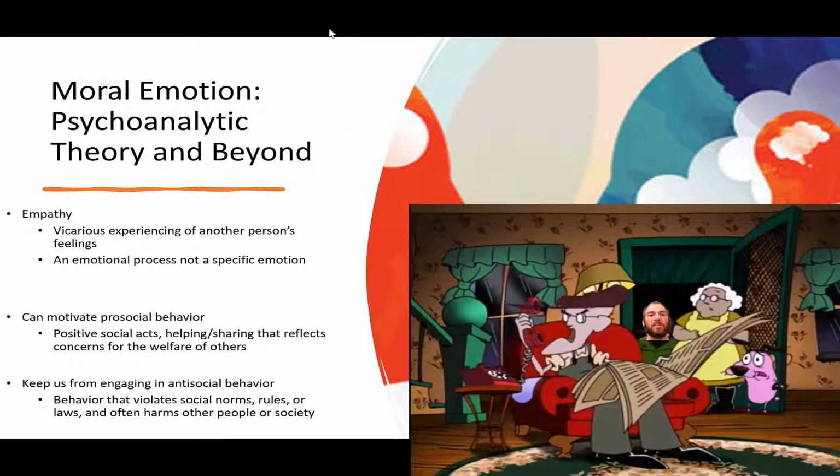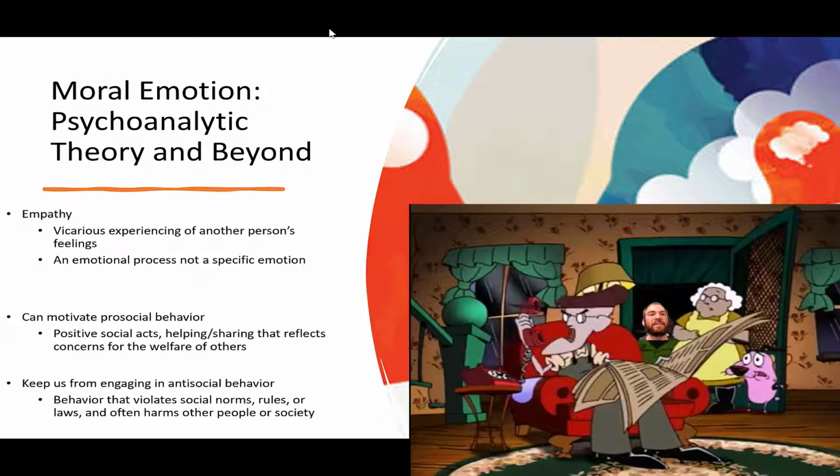Empathy: vicarious experiencing of another person's feelings. An emotional process, not a specific emotion. It can motivate prosocial behavior, positive social acts like helping and sharing that reflect concern for the welfare of others. It keeps us from engaging in antisocial behavior that violates social norms, rules, or laws, and often harms other people or society.